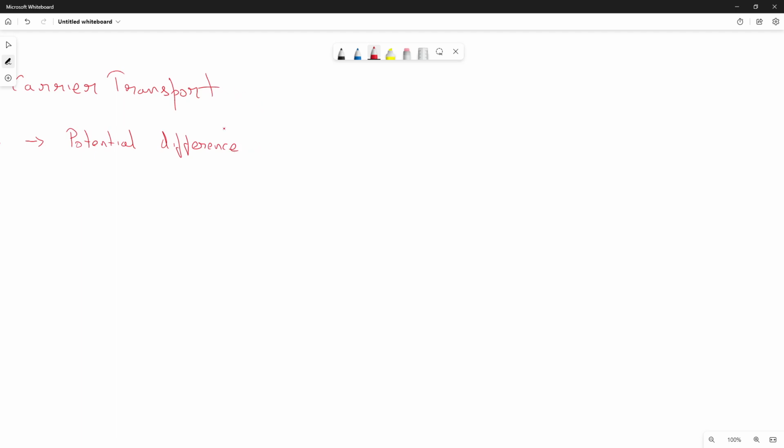When we are going to model our carrier transport, rather than just saying carrier transport, it is better to follow the lecture title. So this is essentially the general model of carrier transport.